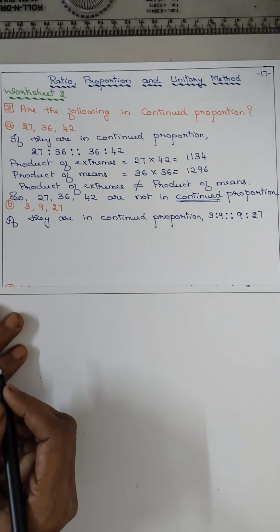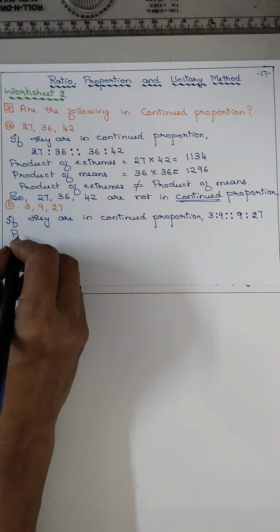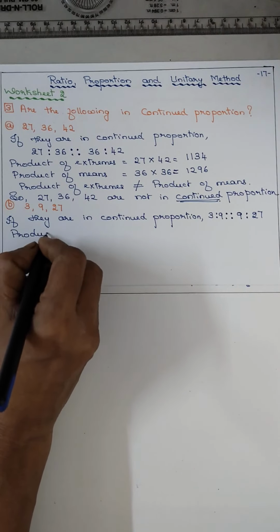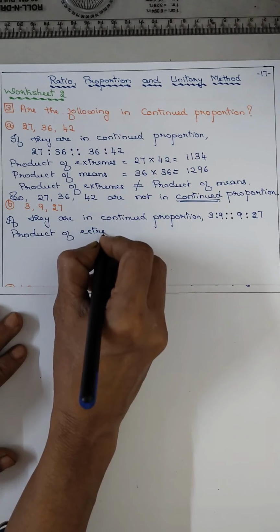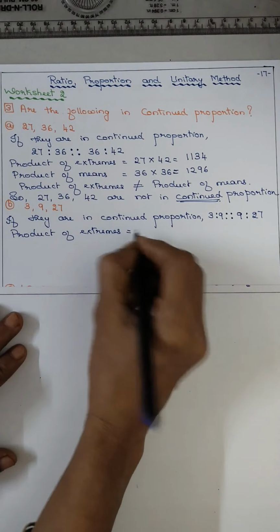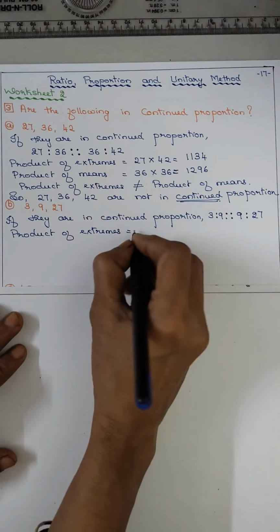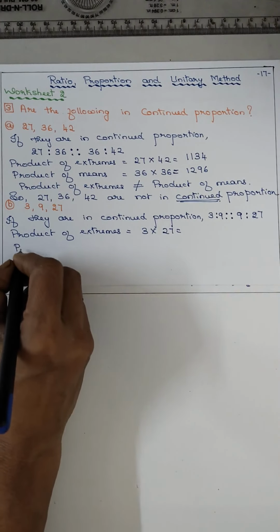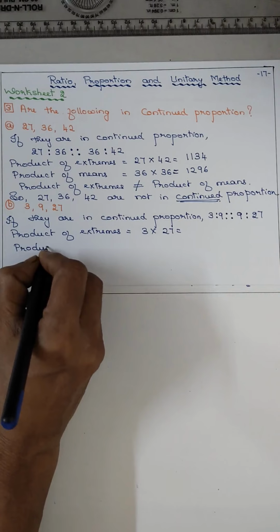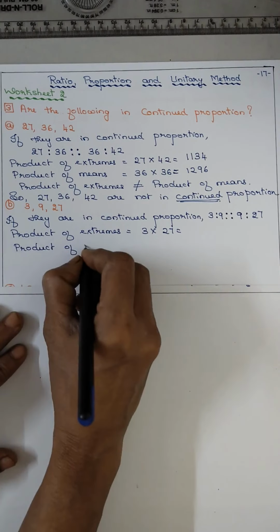Middle term is repeated. So product of extremes. Now the method is the same. First and the last. Product of means.